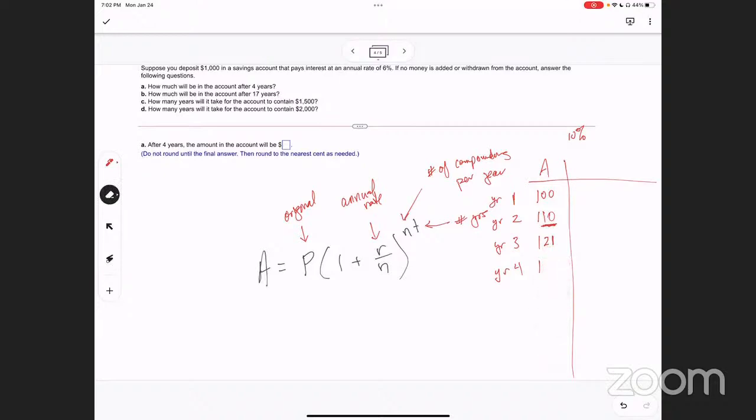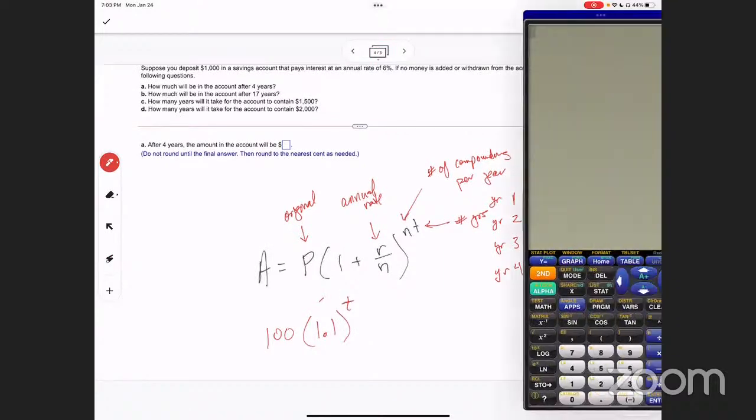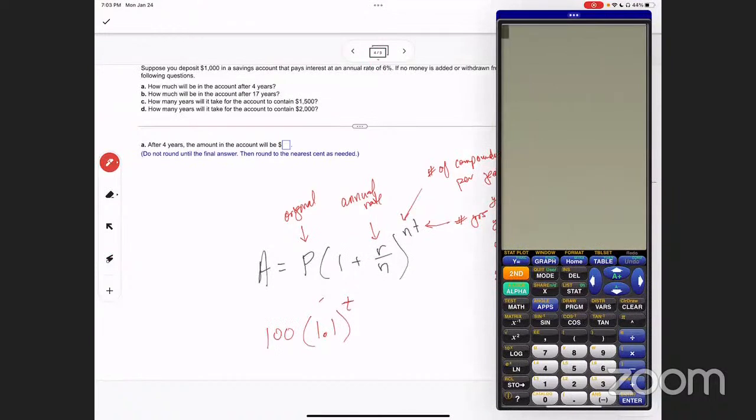So here's the formula. Let me just show you the formula. It's going to be your principal, which is 100, times 1.1 raised to the number of years. So if t equals 1, 100 times 1.1 raised to the first power, there's my 110.